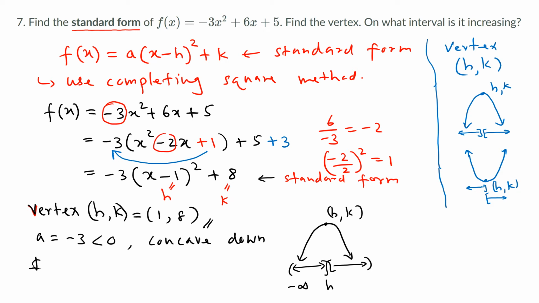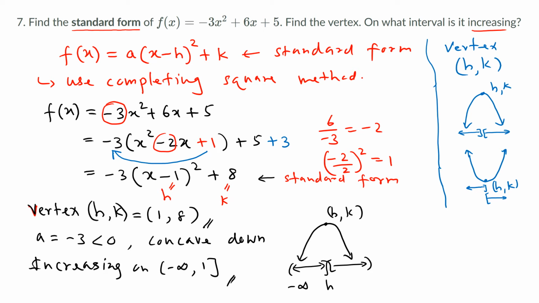The question is asking increasing, not decreasing. So increasing on negative infinity to h, that means negative infinity to 1. Good. So that's how we answer a question like that.